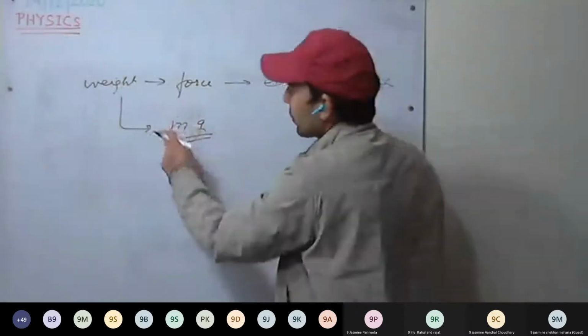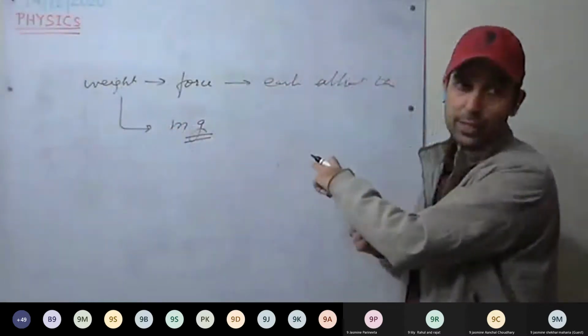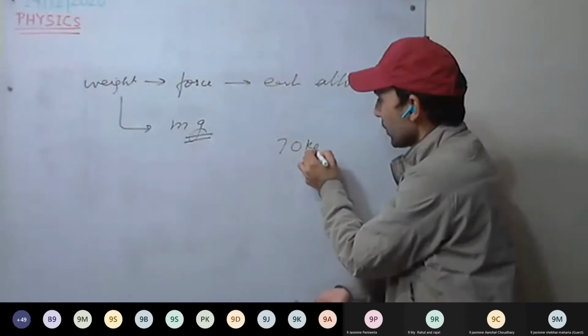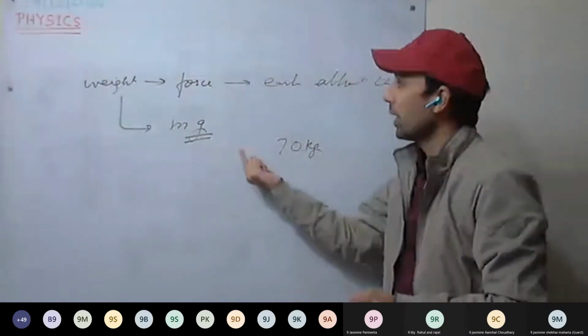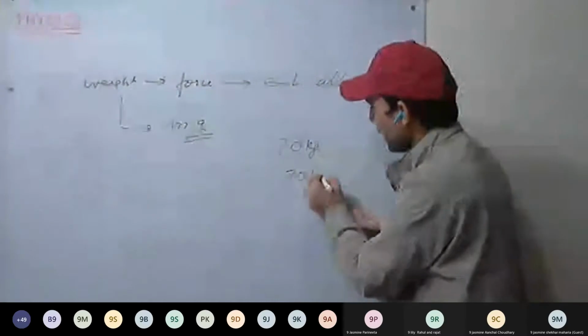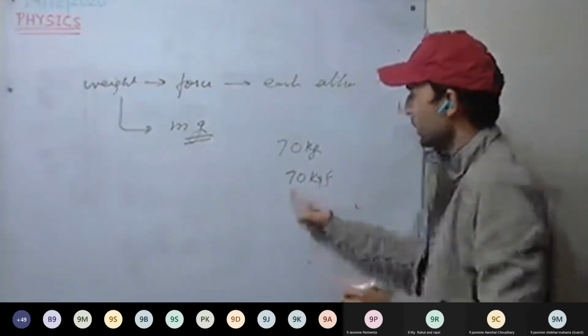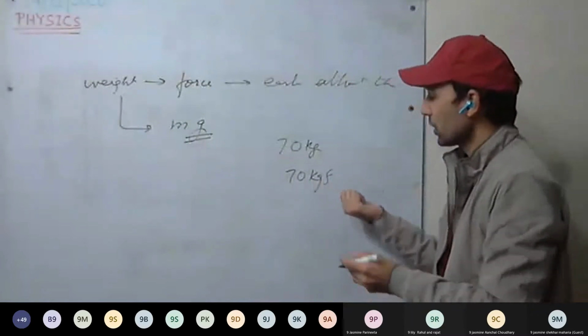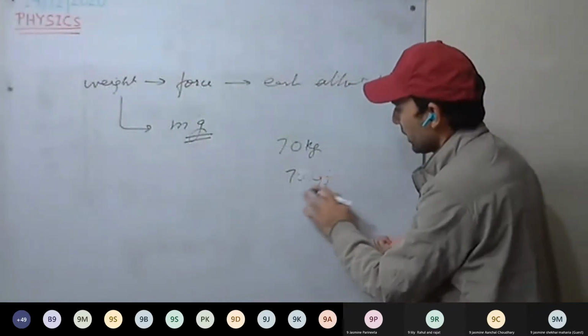So for example, your mass is 70 kg, and your weight is around, take it as 70 kgf. Or in terms of Newton, around 700 Newton.